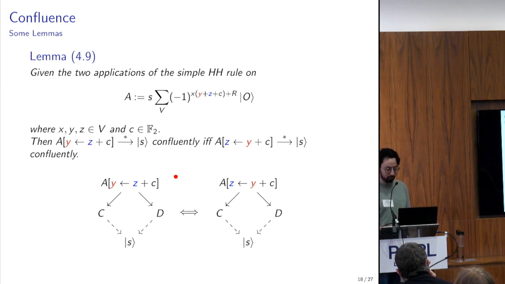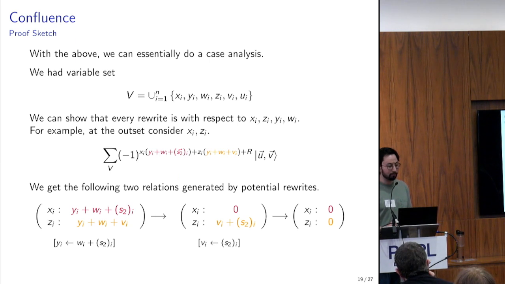So with that, I think that will basically be enough to get what we want here. So we can do now just a case analysis, where we've noticed that in our expression we had this variable set. We can easily show that all rewrites will be with respect to the first 4 variables for each i.